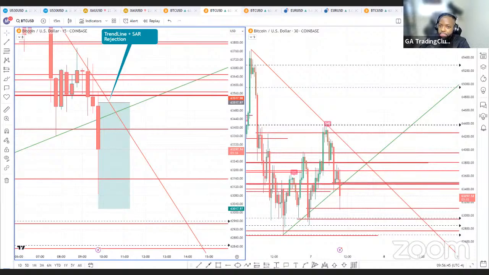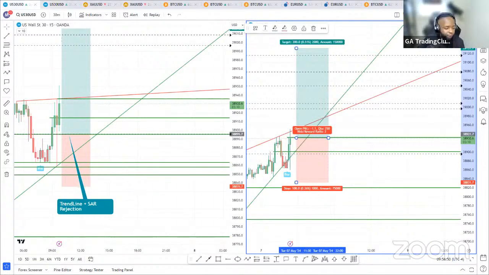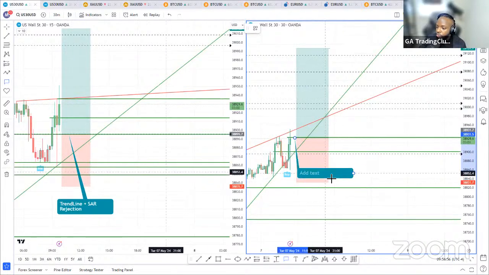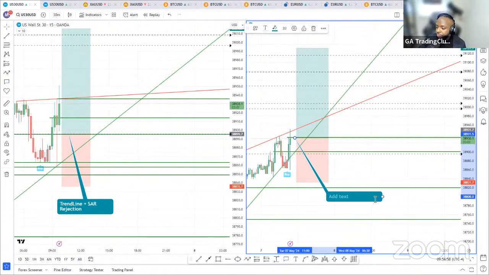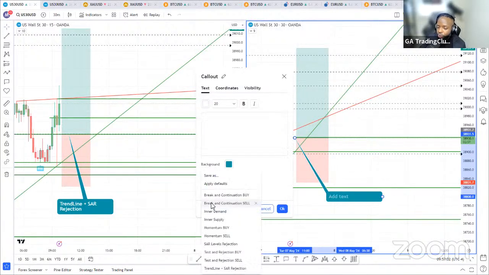But for this US 30 trade, prepping for a potential buy, we want to see which of these SARs US 30 closes above.